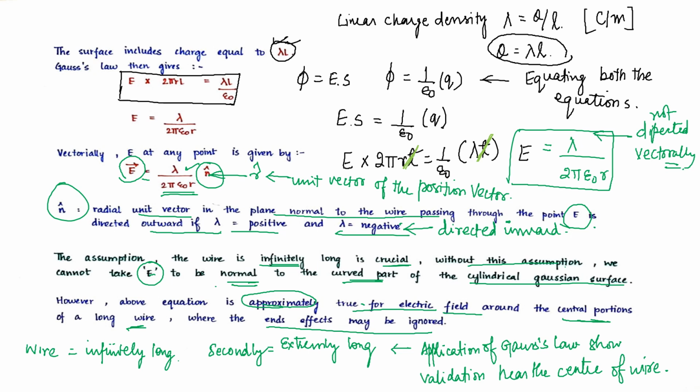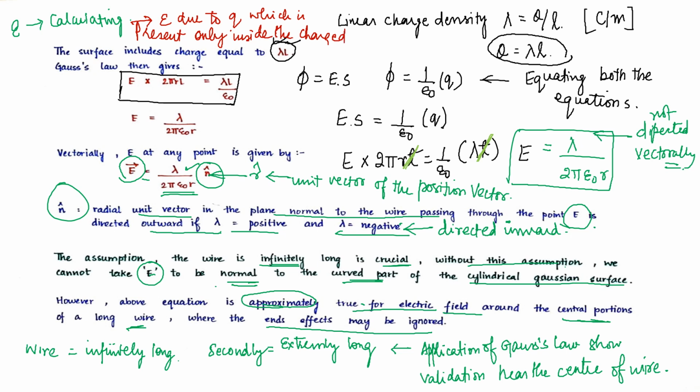First thing which we have seen so far is the electric field. We have been calculating electric field. So what sort of electric field are we calculating? We are only considering E due to Q which is present only inside the charged body.